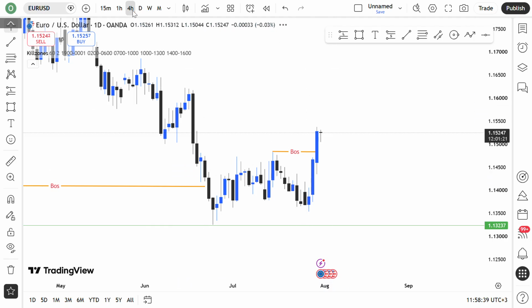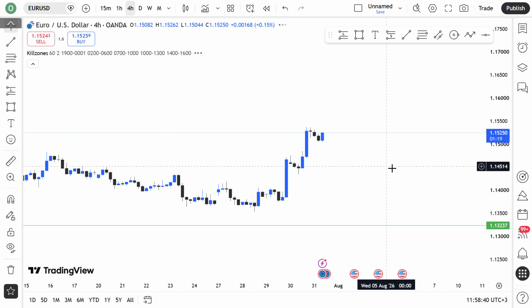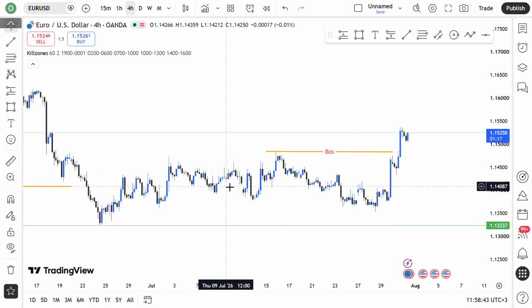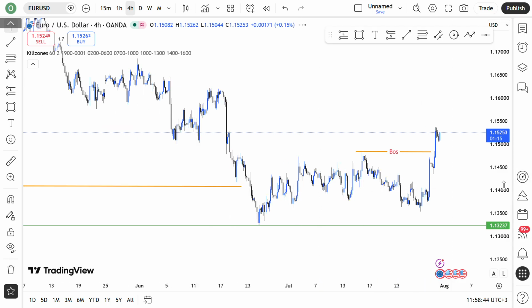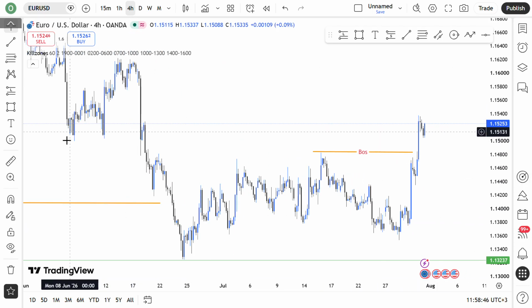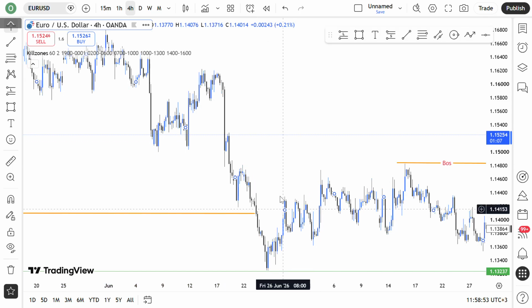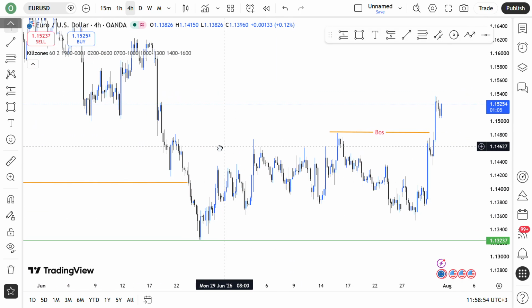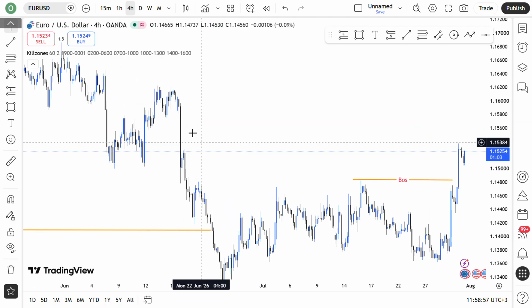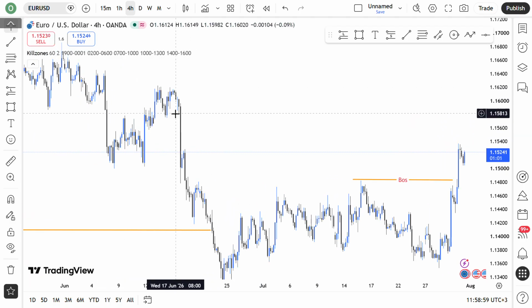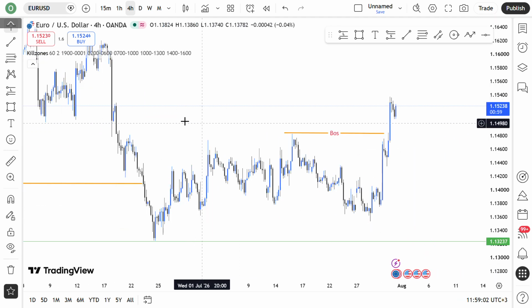Let's jump into a 4-hour time frame so that we can have a clear structure. On a 4-hour time frame, we can see clearly that after price gave us this break of structure, a clear one, price is now tending to do a retracement, coming in to take out these internal liquidities, internal highs, and the internal order blocks.